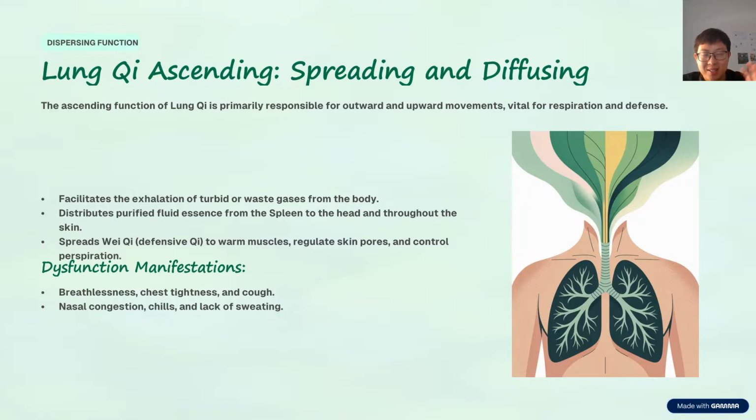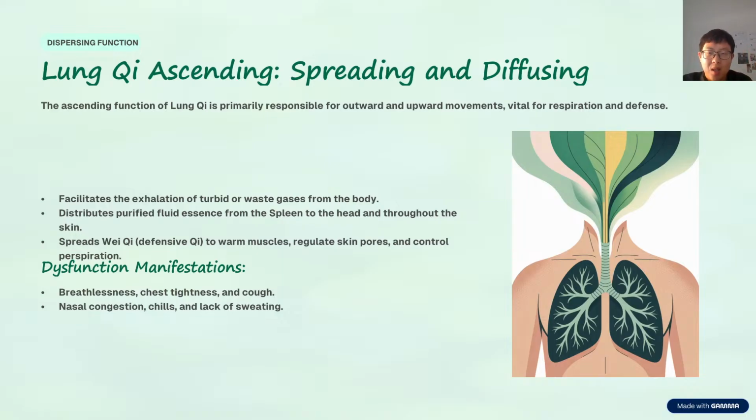Breath out is like ascending: the lung energy pushes the CO2, the stale air, out of the body. That is one function.